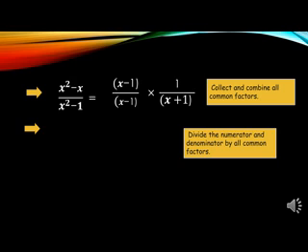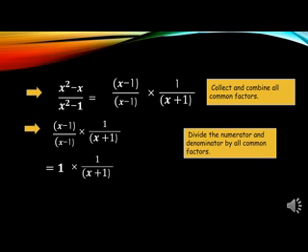So x minus 1 all over x minus 1 multiplied by the remaining factor 1 over x plus 1. So the fourth step is divide the numerator and the denominator by all common factors. So dividing x minus 1 divided by x minus 1 is equal to 1, multiplied by the remaining factor 1 over x plus 1. So 1 over x plus 1.